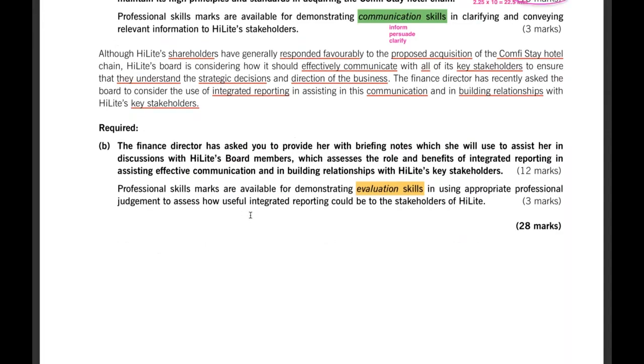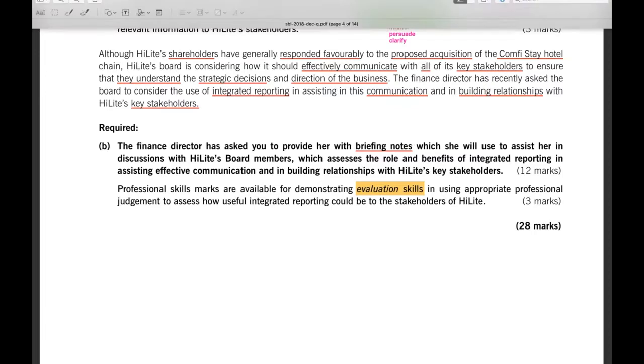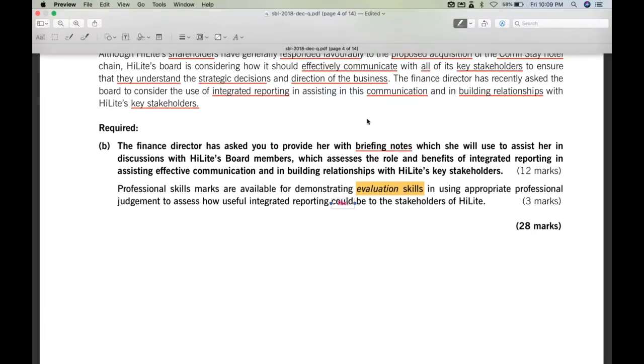What's your next task? So you're working with this particular Highlights company, as a senior business analyst just now, right? So you are again asked to do something. Okay, what is it that you are asked to do? The finance director has asked you to provide her with briefing notes.